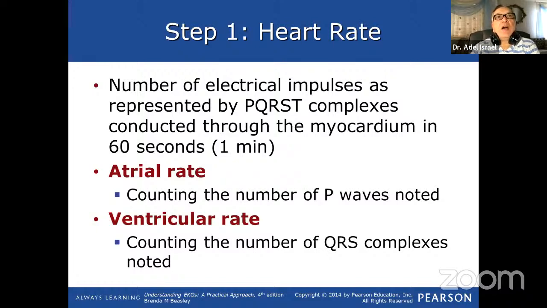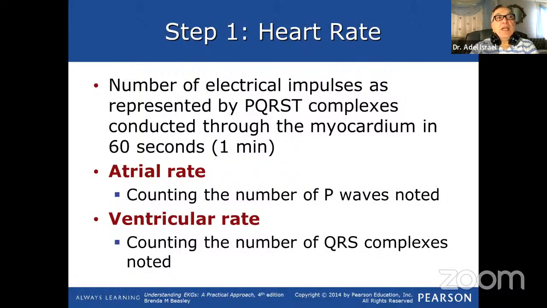So if I count how many P waves in 6 seconds or in a minute, I will say that atrial contraction is like 75 beats per minute. Okay, what about the ventricular rate? We are going to count how many QRS in 6 seconds or in a full minute.